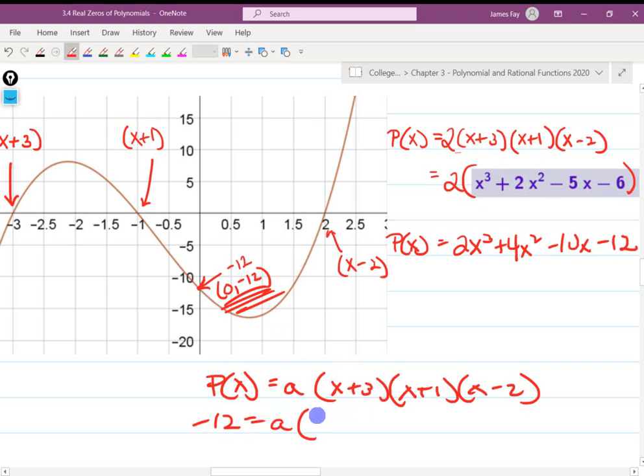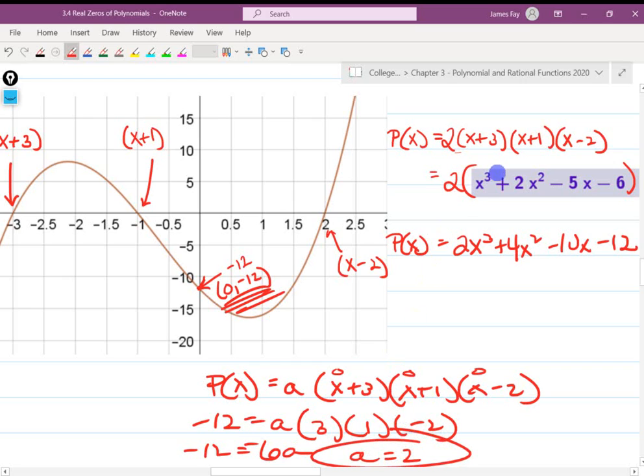X now is 0, so I've got 3, 1, -2. What's 3 times -2? It would be -6a, wouldn't it? If I divide that out, doesn't it make a to be 2? Which is exactly what we figured out there. Now there are other ways of finding that 2, like we did in this question, but that approach is the default way that will always get you the right result.